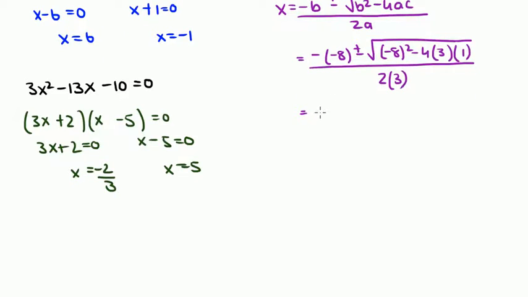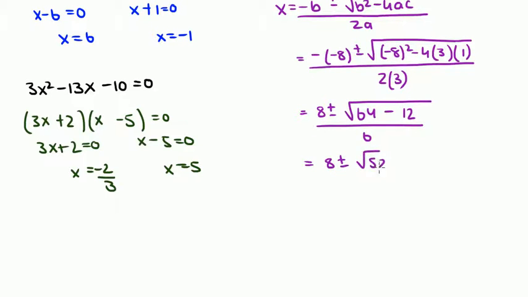So minus minus 8, we get plus 8, plus or minus, we're going to get 64 minus 12, everything over 6, so we have 8 plus or minus the square root of 52 over 6. So we have to sometimes check the question and see if they want the answer to a decimal place or in surd form. So in this question, either answer would have been acceptable.